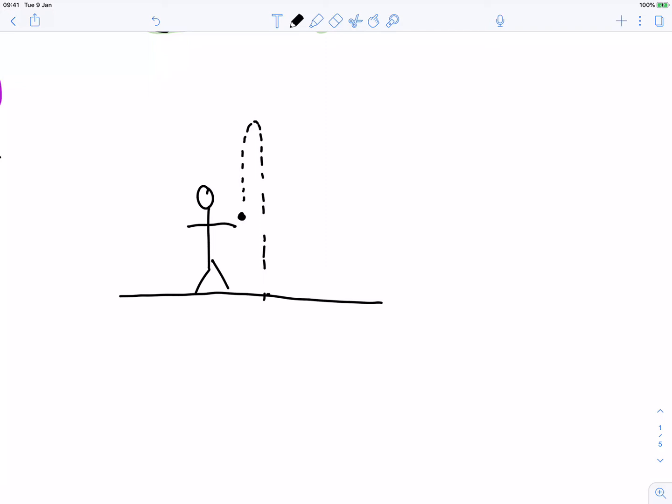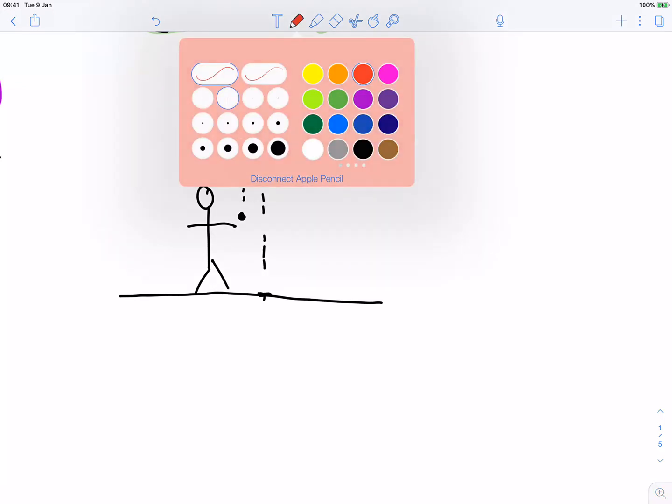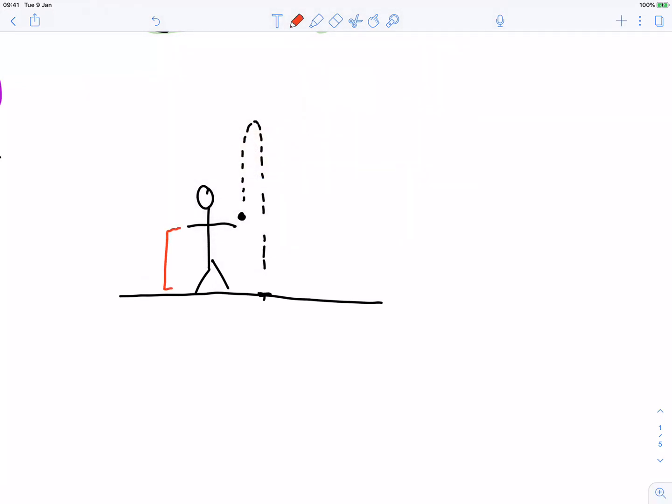It hits the floor. Now a couple of things. I am throwing it from 1.5 meters above the floor. I'm quite a tall guy. I'm throwing it maybe just over shoulder height, and I'm going to throw it with an initial speed of u, or I should say velocity.